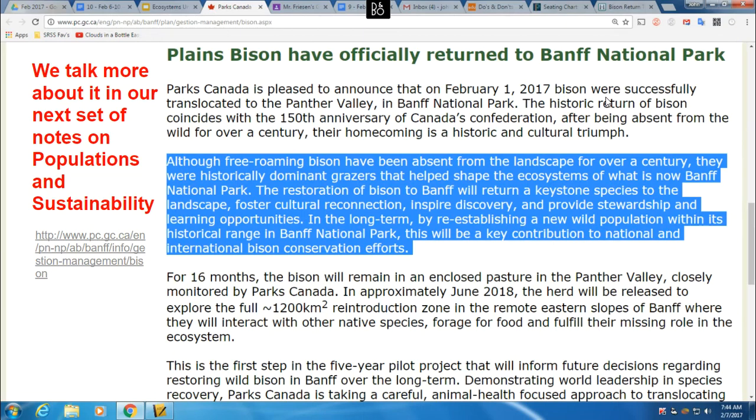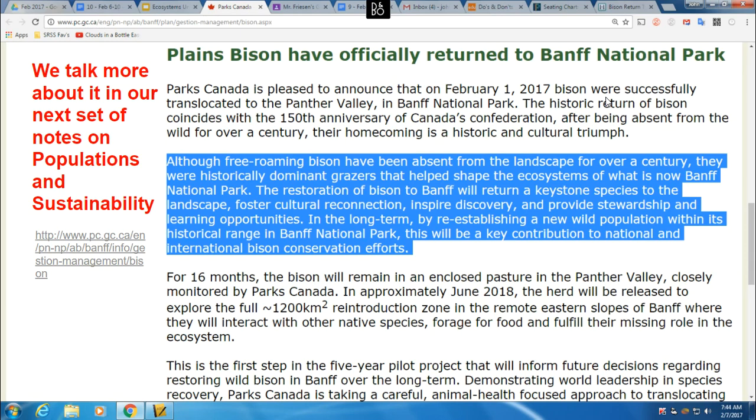Yeah, here's a website. Although free-roaming bison have been absent from the landscape for over a century, they were historically dominant grazers that helped shape the ecosystem of what is now Banff National Park. The restoration of bison to Banff will return a keystone species to the landscape, fostering cultural reconnection, inspiring discovery, and providing stewardship and learning opportunities.